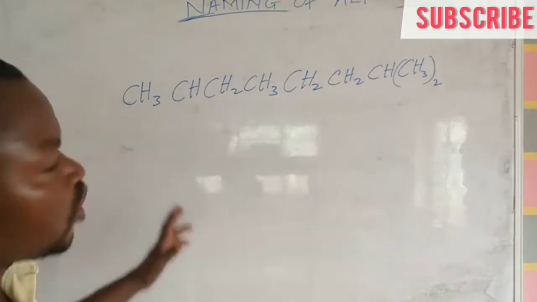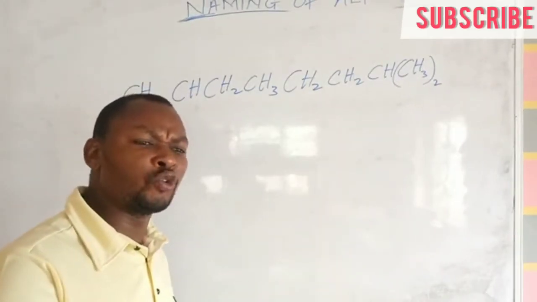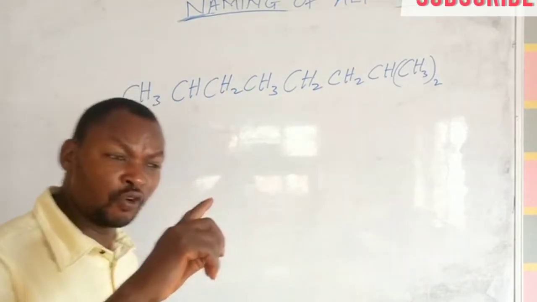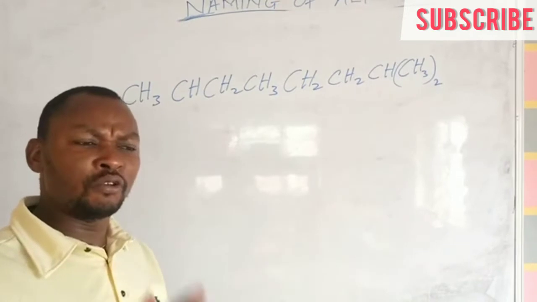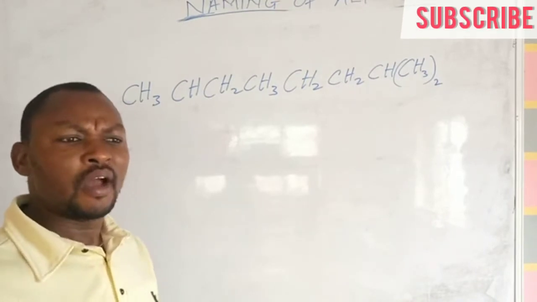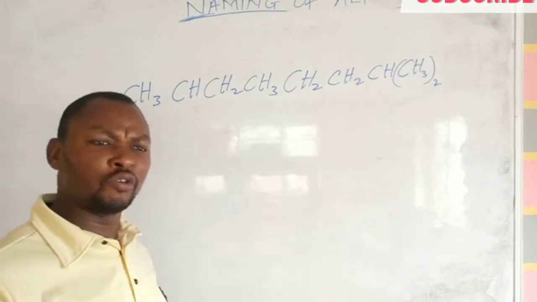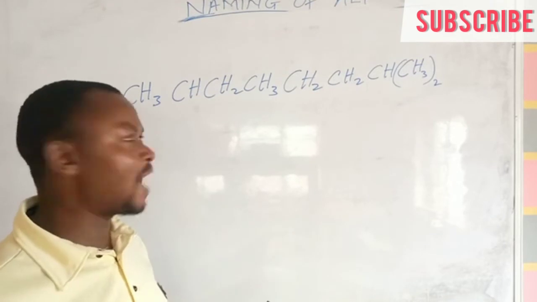So straight chain is a chain that has a series of methylene groups. Methylene group, I told you in the first video, is CH2. So a series of methylene groups in between carbon atoms, terminated by hydrogen.